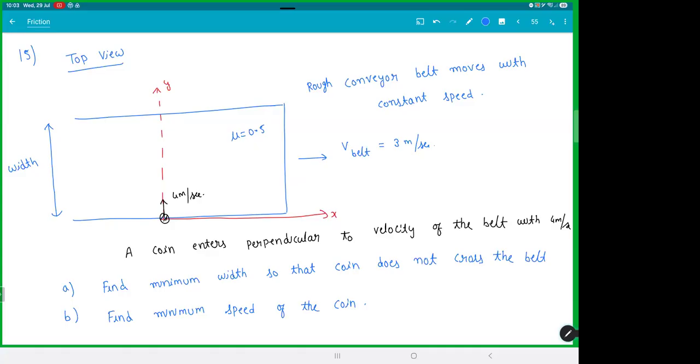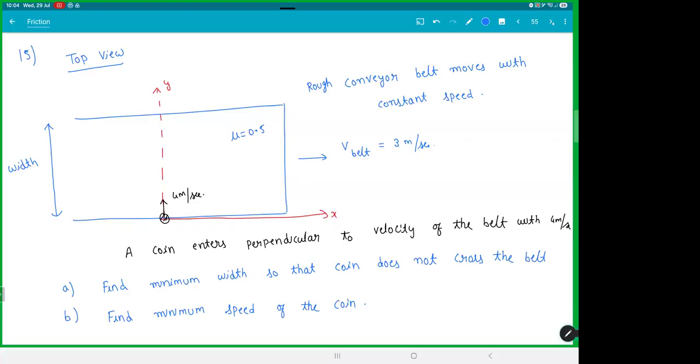Yeah, that is right. Find the minimum speed. 1.6. No.